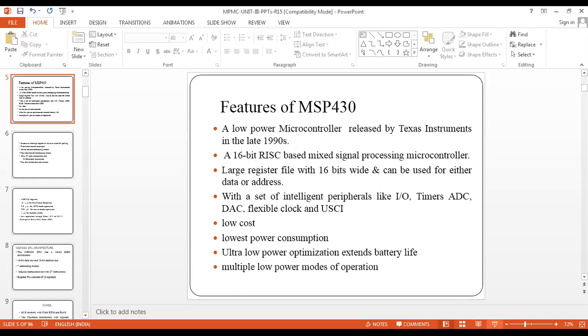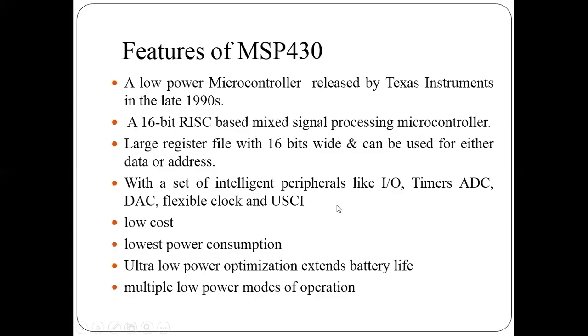It also contains a larger register file, each with 16 bits wide. Because of this, the speed of computation is going to be higher, because whatever data we require regularly can be put in the register itself rather than fetching from the memory.